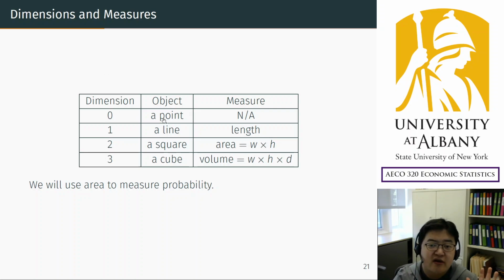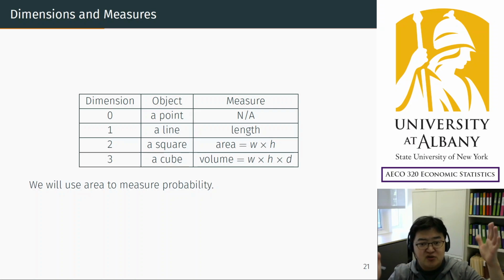There is no dimension for a point. A point is just one point. There is no size. It just has a location. But when you collect an infinite number of points, it will become a one-dimensional line. A line is one dimension, right? So there is length. That's how you measure the size of a line. Length is how you measure it.